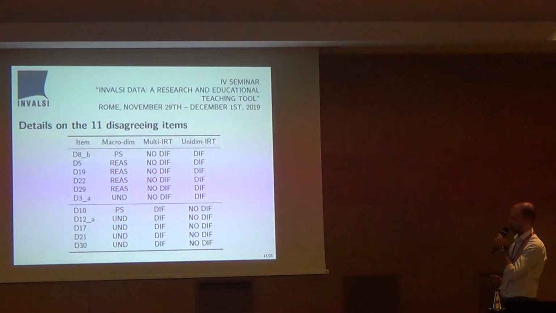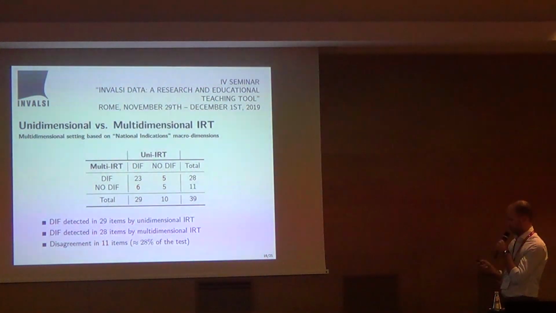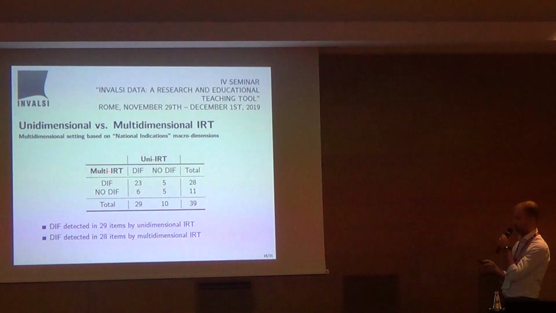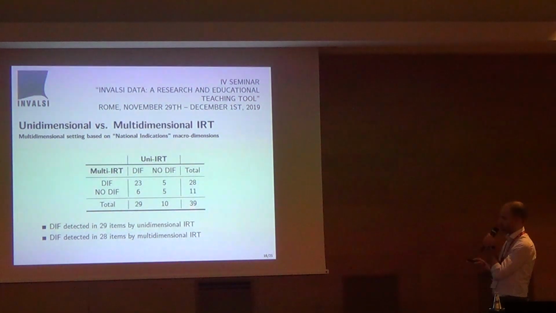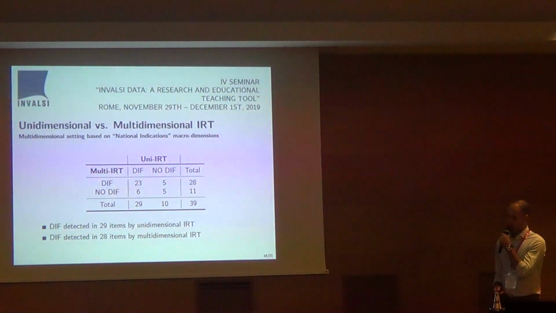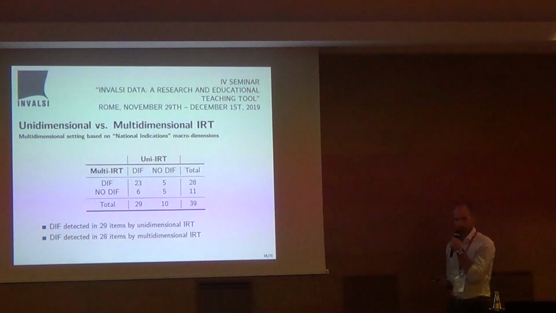So we can start, for example, using the multidimensional model, and then we have these 11 items that don't show DIF.